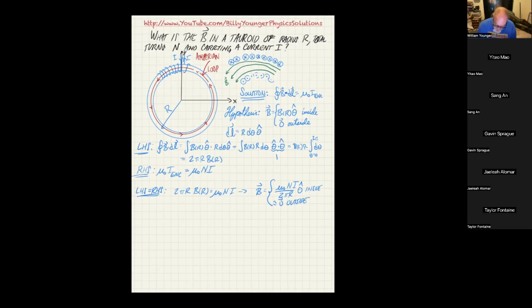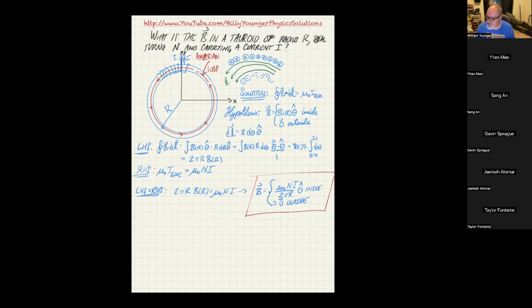When we measure the radius of the toroid, is it the inner diameter, the outer diameter, or the center line? If you actually did it, you'd try to measure it to the center line. To be honest with you, the hypothesis is that the distance from the center line to the inside edge is a factor of 10 smaller than the r, and the distance from the center line to the outside edge is also a factor of 10 smaller than the r.